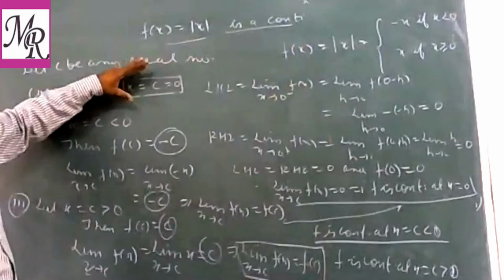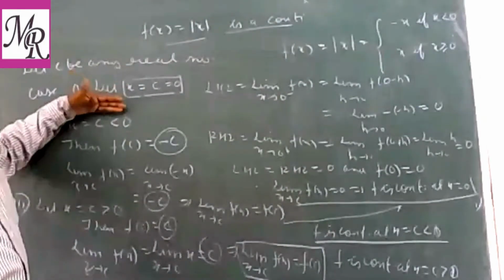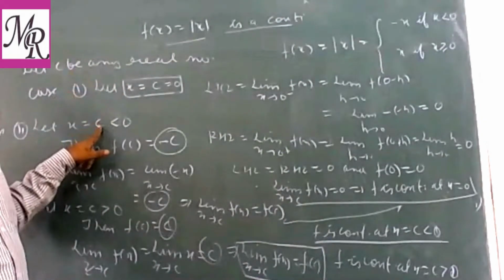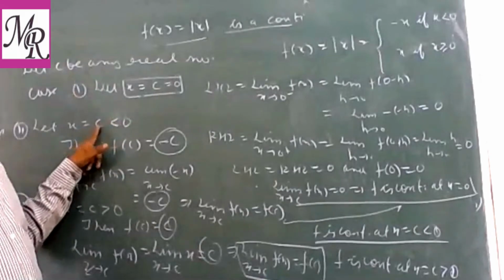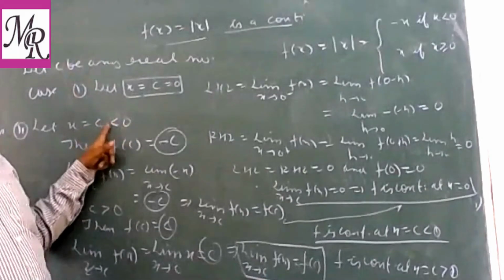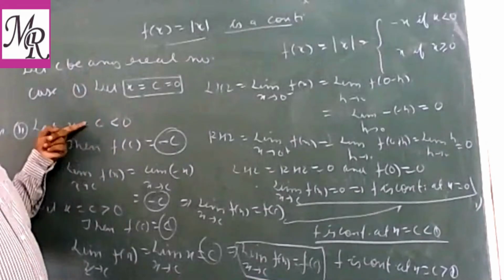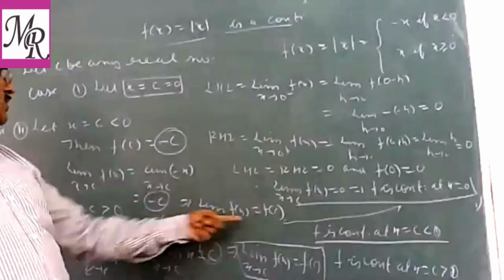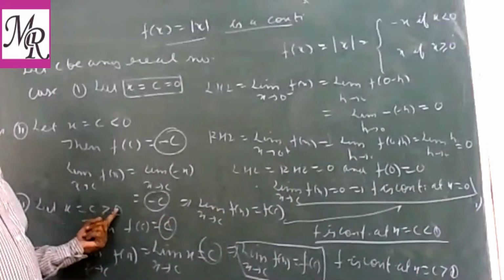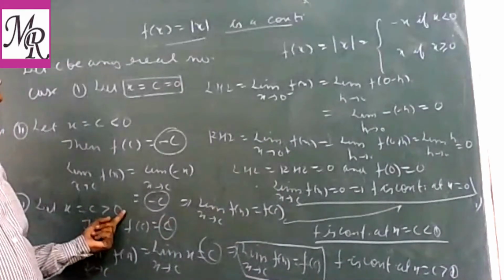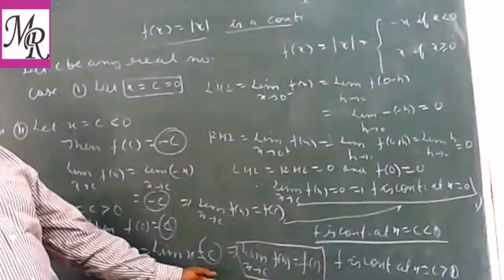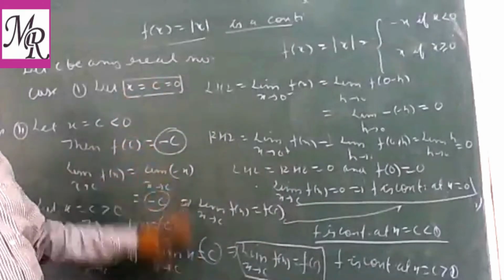और आपको 0 से छोटे हमने c मान लिया, कोई भी पॉइंट है c 0 से छोटा, जैसे -1, -2, -3, सभी नेगेटिव के लिए हमने c ले लिया तो उस पे चेक कर लिया, it is continuous. फिर x इक्वल टू c ग्रेटर देन 0 ले लिया, उसके लिए चेक कर लिया, सो फॉर ऑल it is continuous.